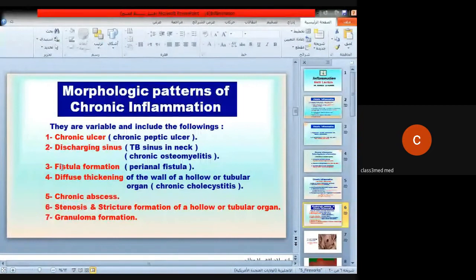Third, fistula formation. What is meant by fistula? It is also abnormal tract connected between two hollow organs or tubular organs, and both ends are open.